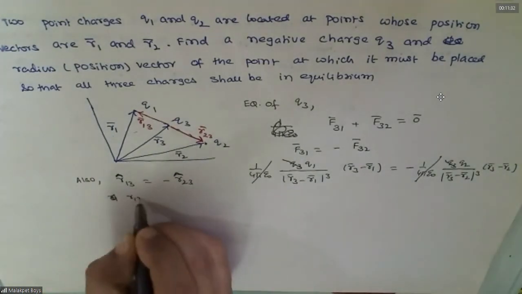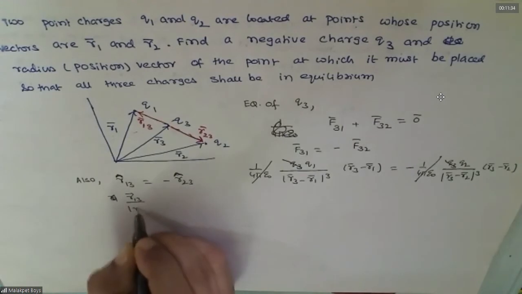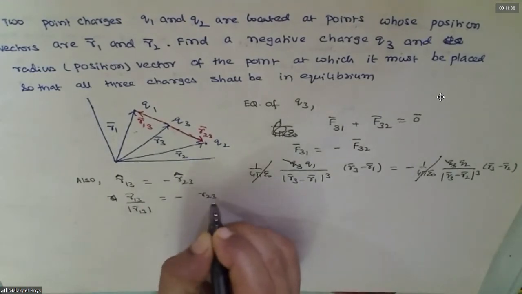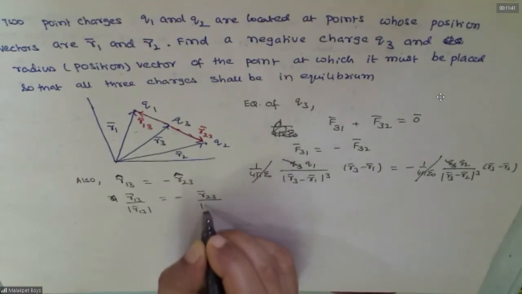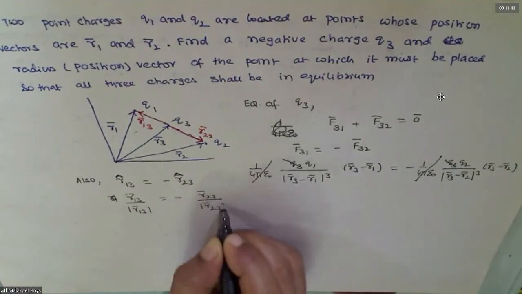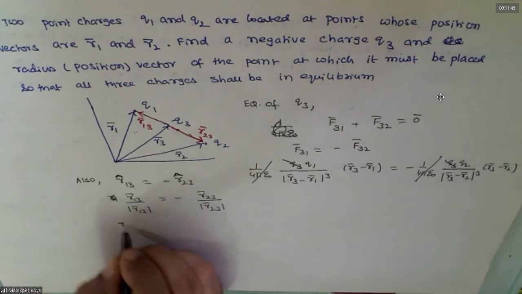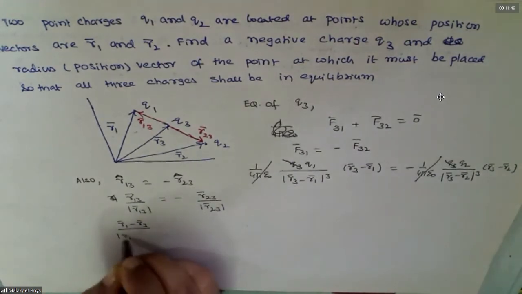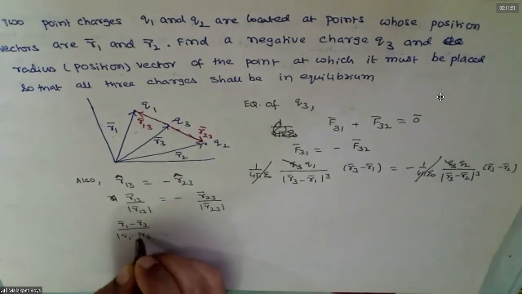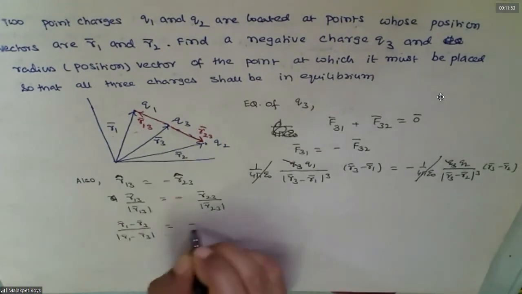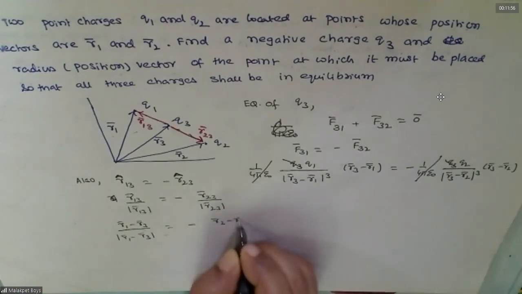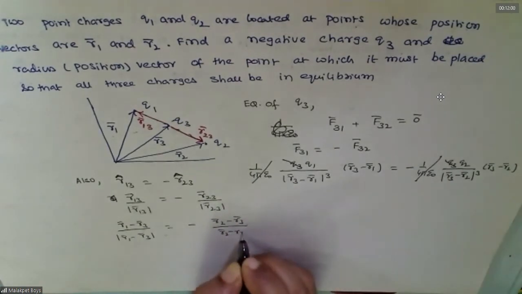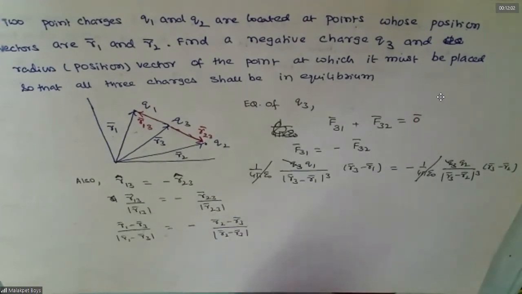This is the vector by the mod of that vector. Remember this? Yes, sir. Now this is R1 minus R3 by. Can I write like this?